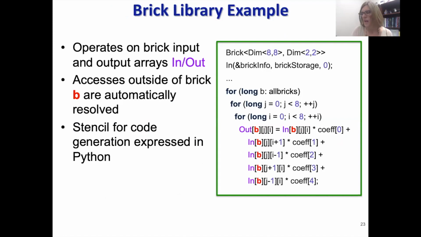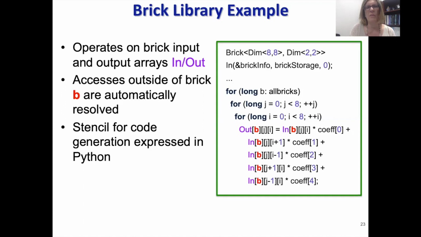The next couple of slides are designed to make the discussion of the brick layout a bit more concrete, so they peek into the library implementation. You can express your stencil in Python. In this example, we have brick input and output arrays in and out, which we declared at the top.